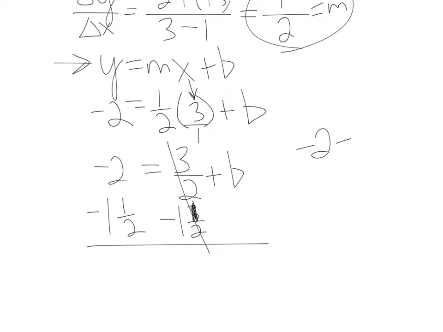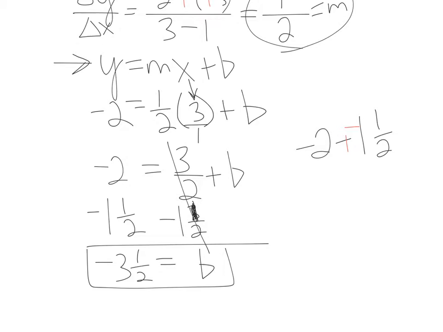If you want to, over to the side here, we can work that out. Remember, add the opposite. So -2 plus -1.5 would be -3.5. If you wanted to, rather than changing the 3/2 to 1.5, we could have changed -2 to -4/2.